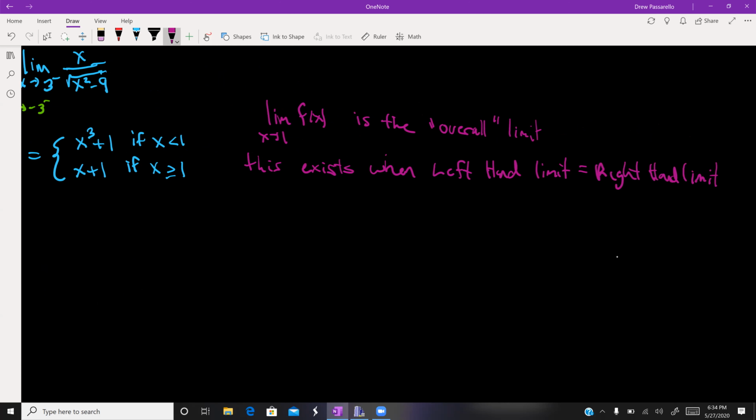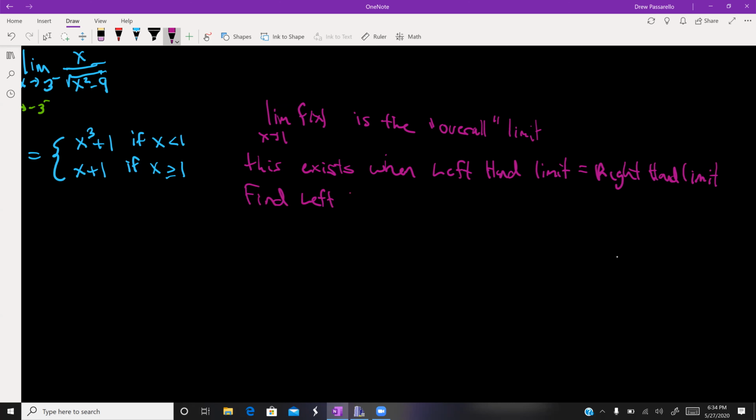So I would find the left-hand limit and right-hand limit and see if they equal each other. Since we have two pieces, we want to know for each piece what the limit is, and depending on which direction we're coming from dictates which piece to use.